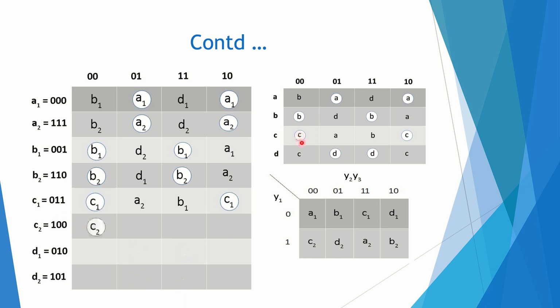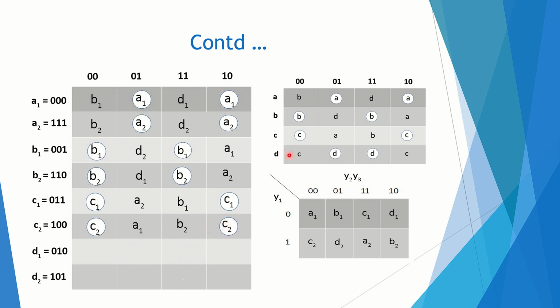C2 to C2 is allowed. C2 to A2 is not adjacent, so we have to take A1 here. Then C2 to B2 is adjacent, so it is allowed.